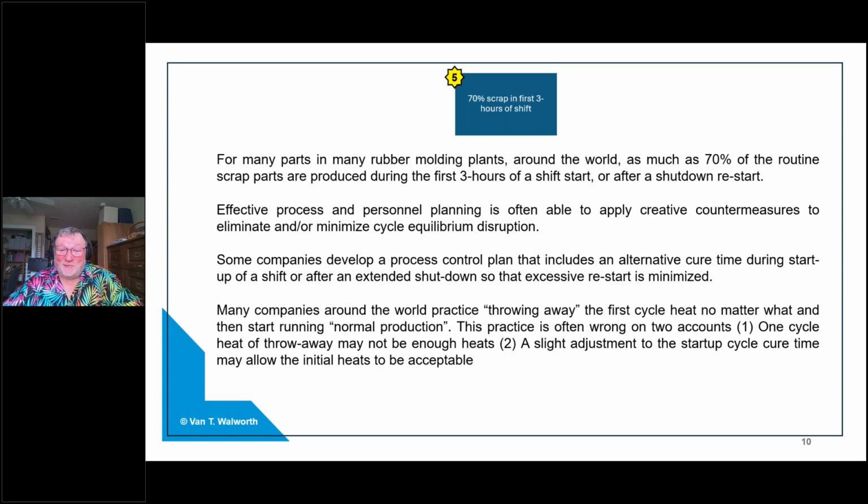You may need to throw away 2 or 3 heats, or you may need to determine why it is that this is bad, because they're too hot or too cold, and adjust your cure time and temperature accordingly at the beginning of a startup so that maybe you don't even have to throw that heat away. But there are ways to, again, take advantage of an unutilized opportunity to avoid scrap and waste when possible.